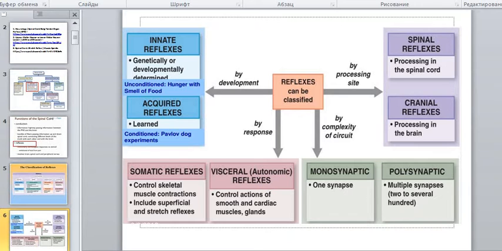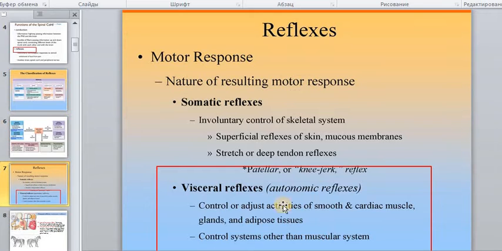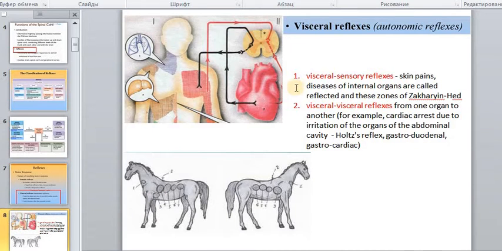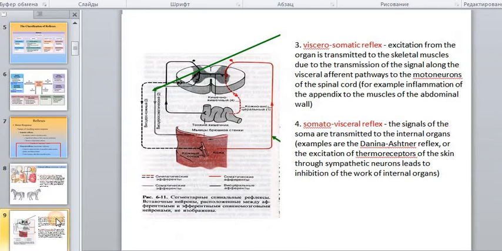Autonomic or visceral reflexes, I hope you heard what the practice called the autonomic nervous system. We have observed some visceral reflexes, such as viscerosensory reflexes with skin pain, and we discussed visceral somatic reflexes, somatovisceral reflexes, a lot of different ones.